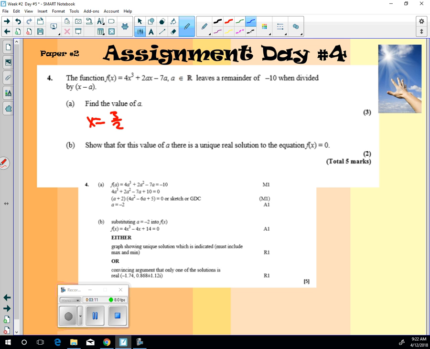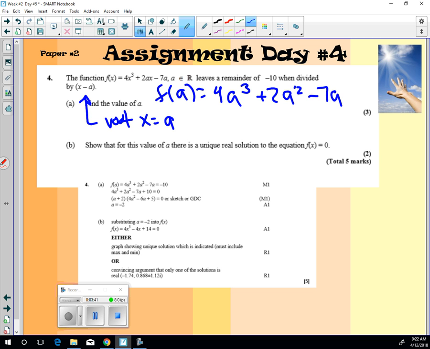Now in this one, what's the root that we're putting in for this part A? What's the root? The root is a. You get that by going x minus a equals 0, so x is just equal to a, and a is the root. Now if I stick that in for x, f of a, I'm going to get 4a cubed plus 2a, which is a squared, minus 7a, and what will it be equal to?